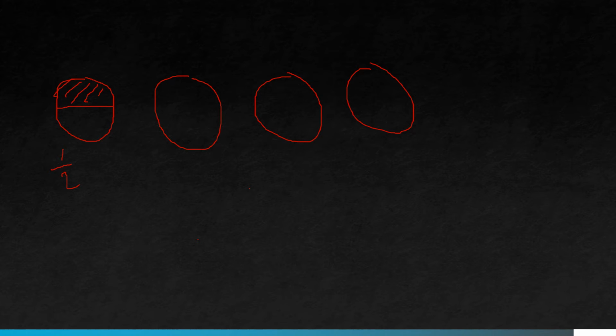One is colored. So now let's say this is our system. In this we have two parts colored. So how we can represent? 2 upon 4. Let's say this is again our circle, and in this 4 parts are colored.